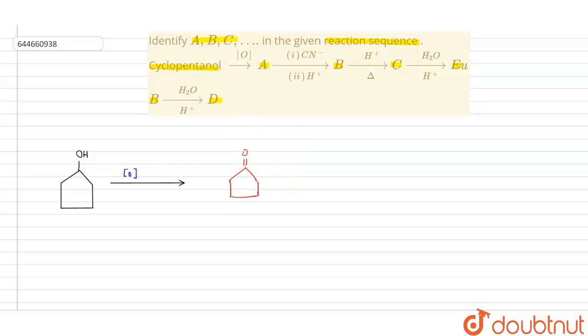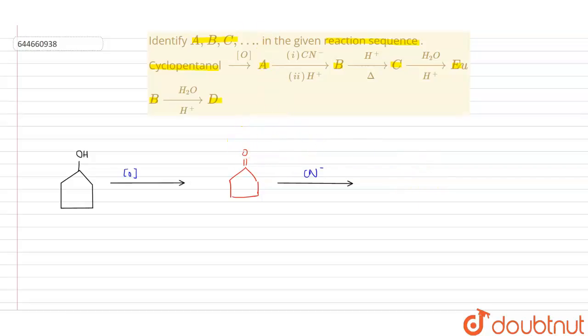So in the next step, with CN minus, the reagent is over here, CN minus. So CN minus attacks over here, and the next compound is this 5 carbons.